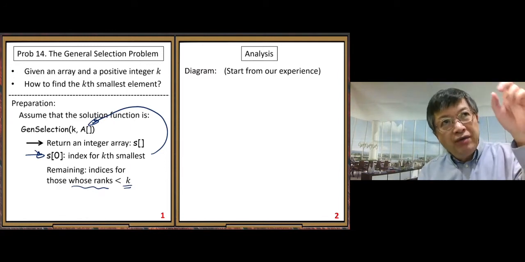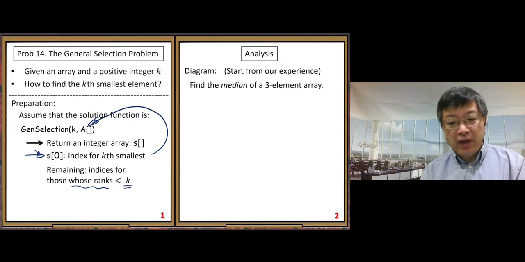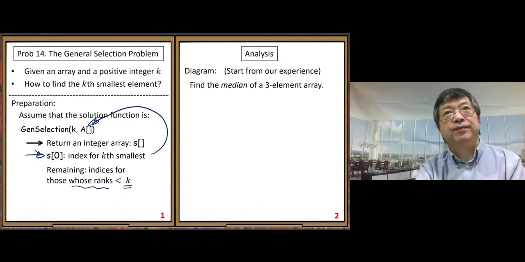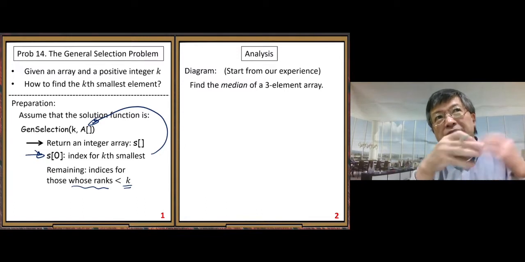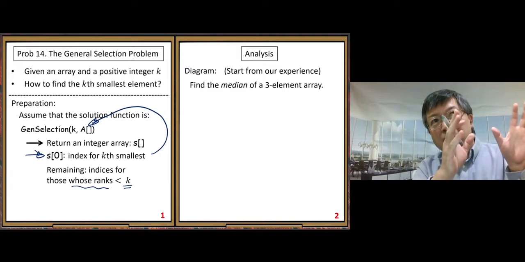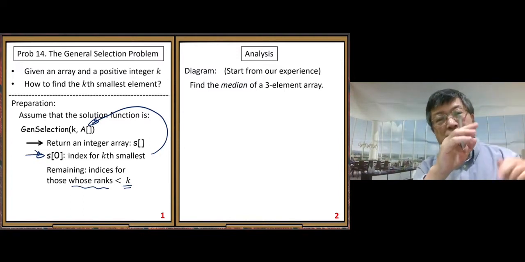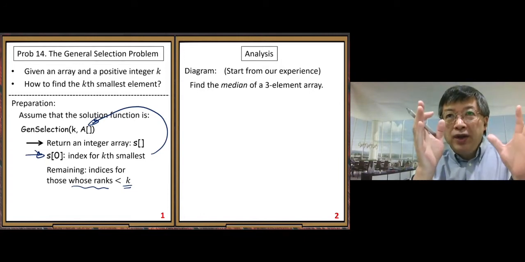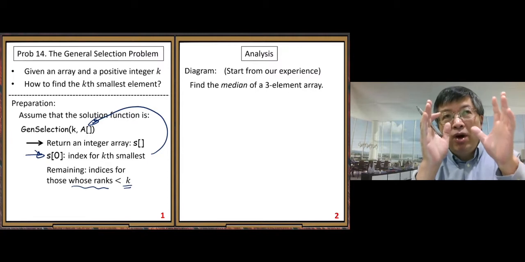So what kind of old experience? Find the median of 3-element array. In the insertion sort, when I give you example, remember at the end part, I give you two videos talk about sorting for small problem sizes.